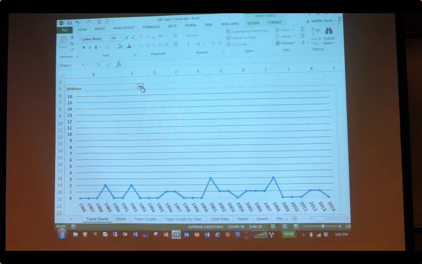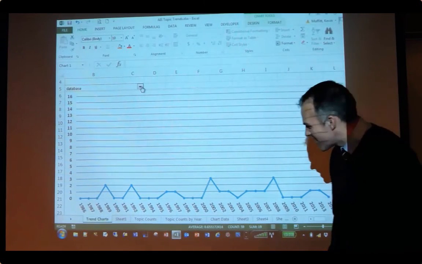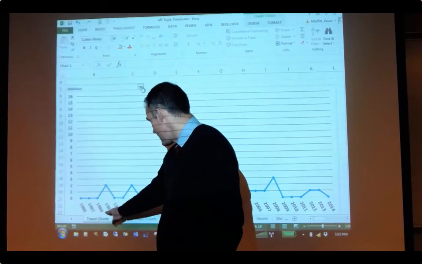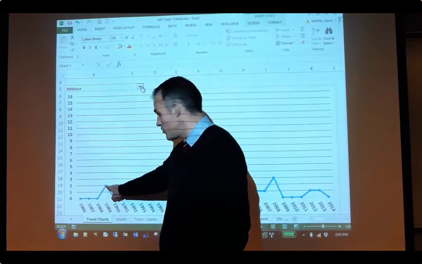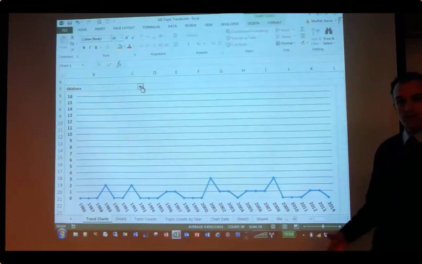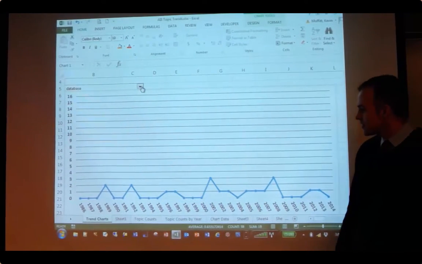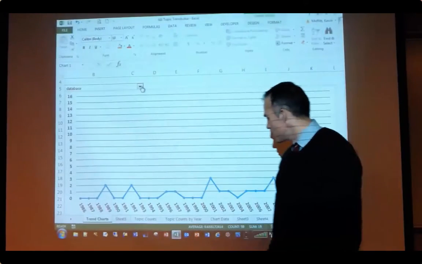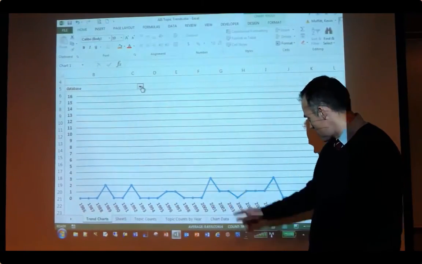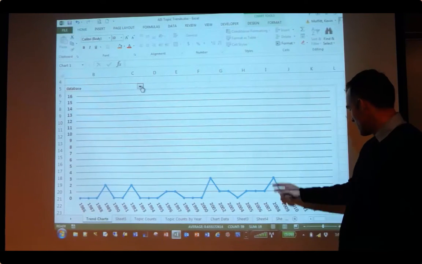So you can see that in 1989, there were 2 articles that mentioned database in the abstract. In 1992, there were 2. The high points were 2001 and 2008.